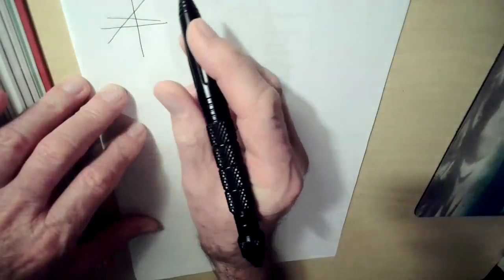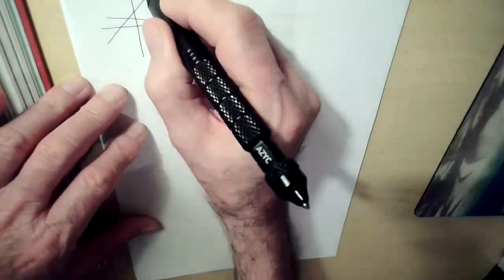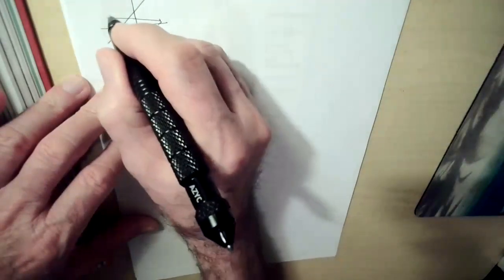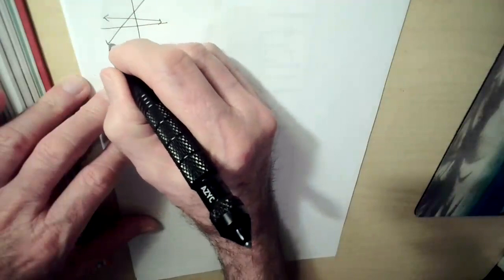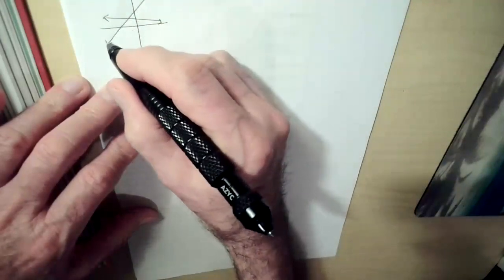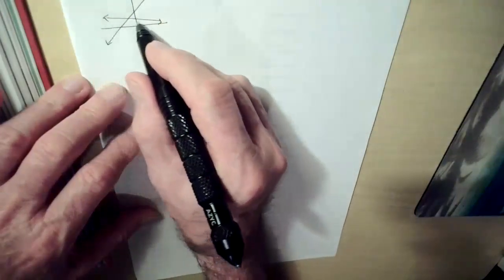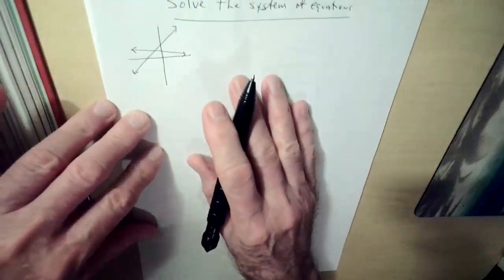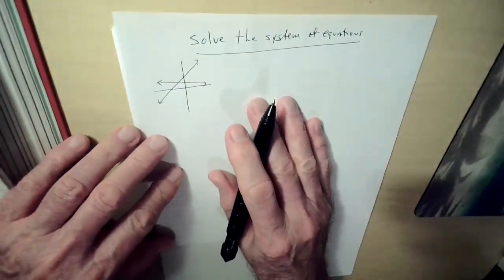If you have this pretty coordinate plane, one line that goes there, another one that goes here. How many points are on these lines? An infinite number.